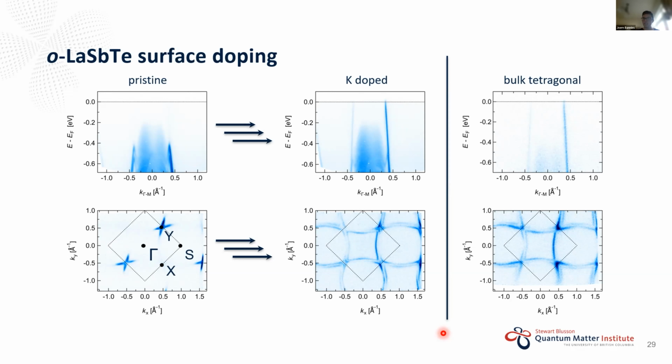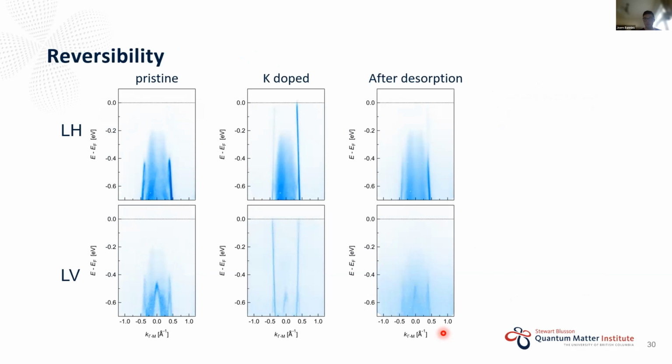What's even more interesting is, in terms of this in situ doping, this process is even reversible. So here I'd just like to quickly flash this. Again, we start from a pristine orthorhombic sample where we have a gap in these linear bands. We potassium dope the sample all the way into the regime where we observe linear bands with no band gap.